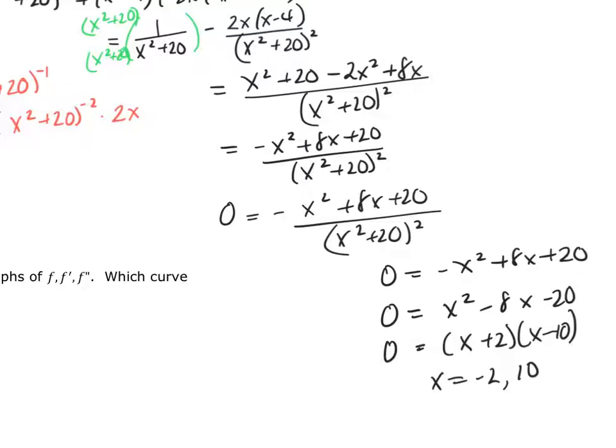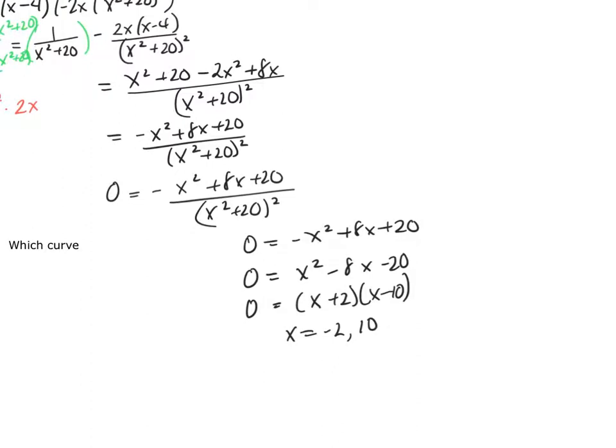Once I've found my critical points, I do need to do the second derivative. Chain rule or quotient rule? We're going to have to do the chain rule either way. Chain rule with product or chain rule with quotient? Product? Okay. So if I'm going to use the chain rule with the product, then I'm going to rewrite this as negative x squared plus 8x plus 20 multiplied by x squared plus 20 raised to the negative 2.